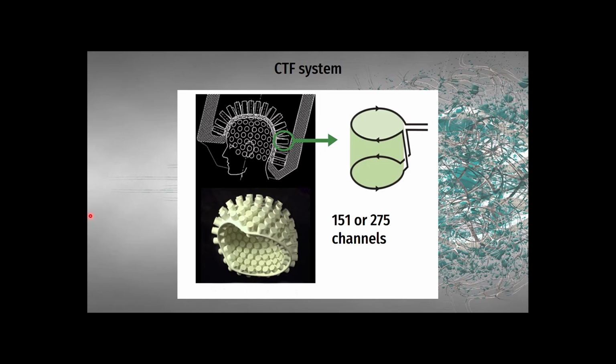Another system that's used is the CTF system. Some of these systems have 151 channels, others have 275 channels. And all of the channels in this system are actually axial gradiometers. And in this case, the axial gradiometers cannot be placed on chips because of their natural axial configuration.